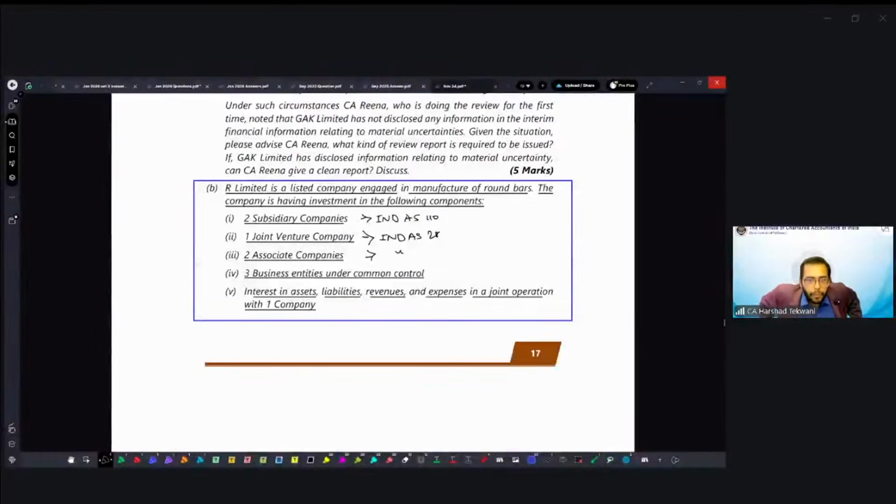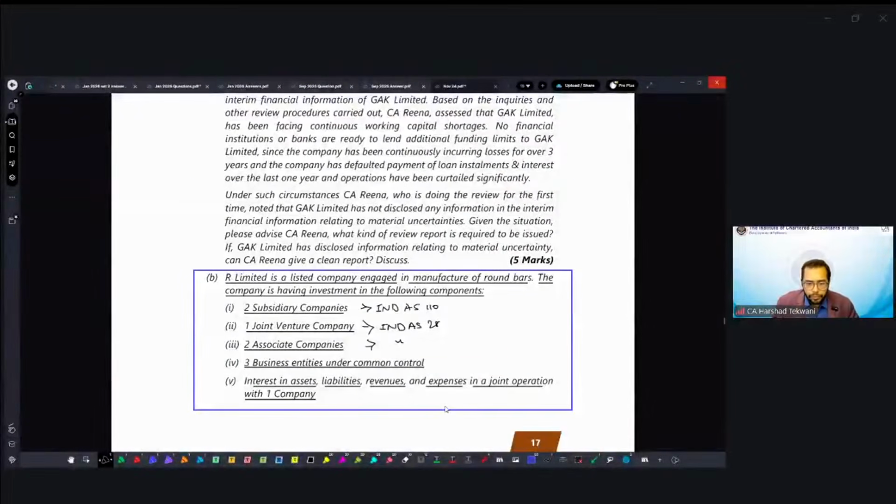Now, accordingly, I will apply that particular Ind AS in this scenario. So, Ind AS 111, plus if required, I might need to apply Ind AS 112, disclosure of interest in other entities, if relevant, based on the scenarios.